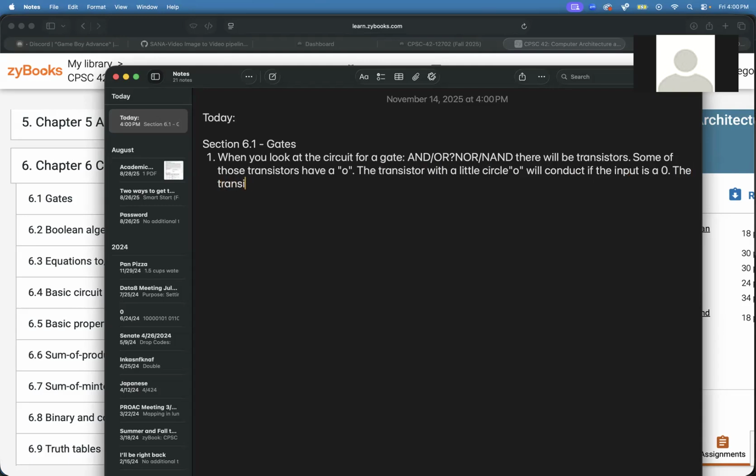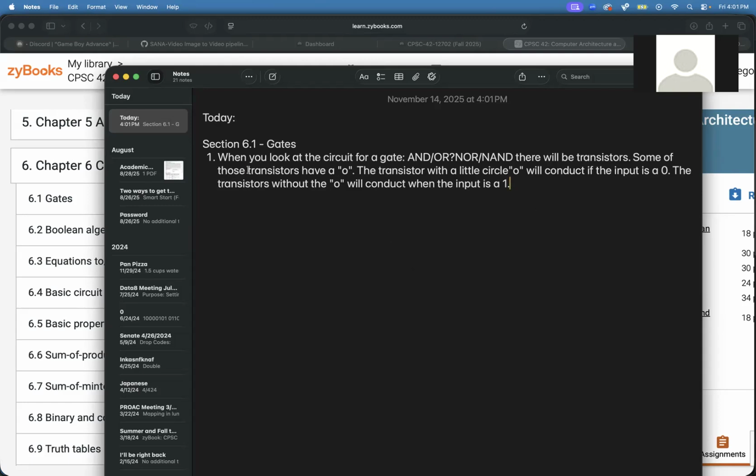The transistors without the little circle will conduct when the input is a 1. So I'm trying to write this before we look at it, so think about it before we look at the diagrams.